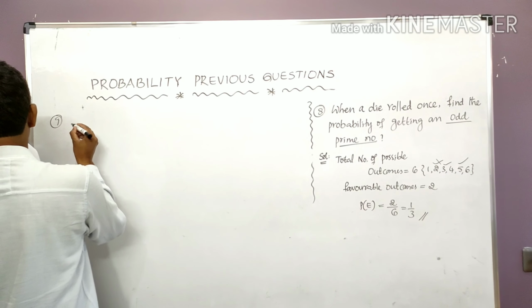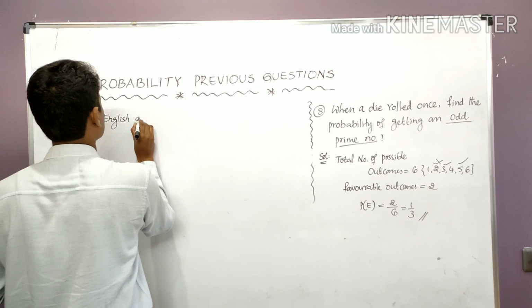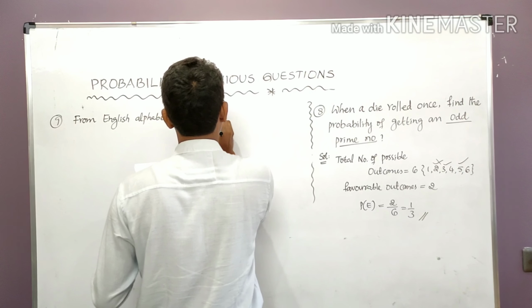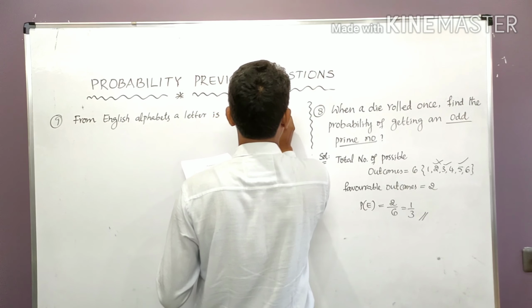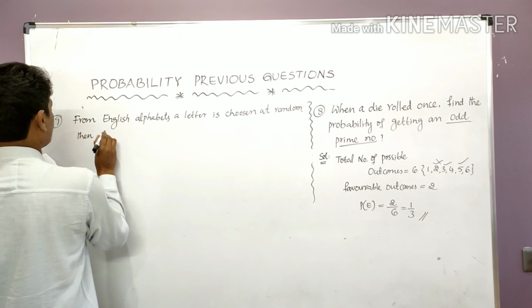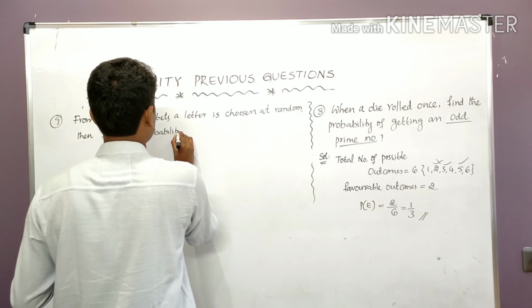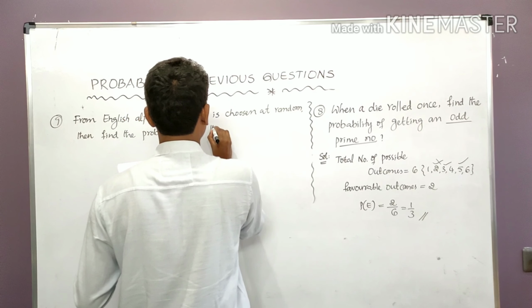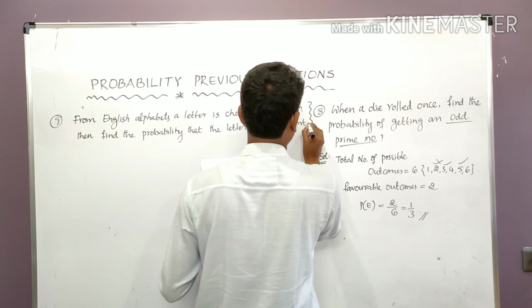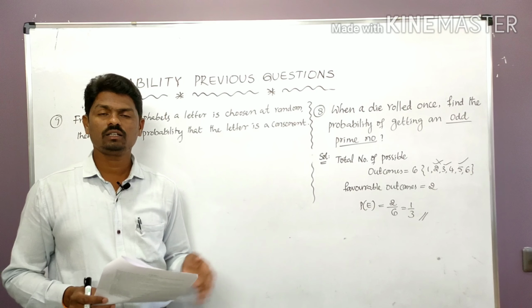From English alphabets, a letter is chosen at random, then find the probability that the letter is a consonant.